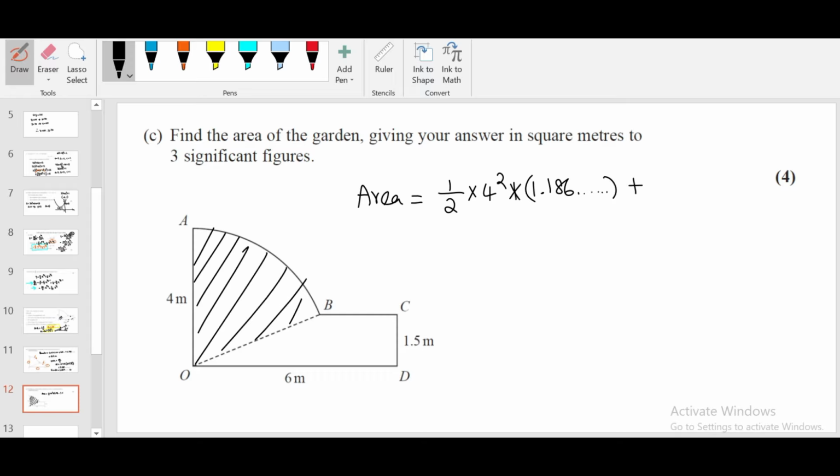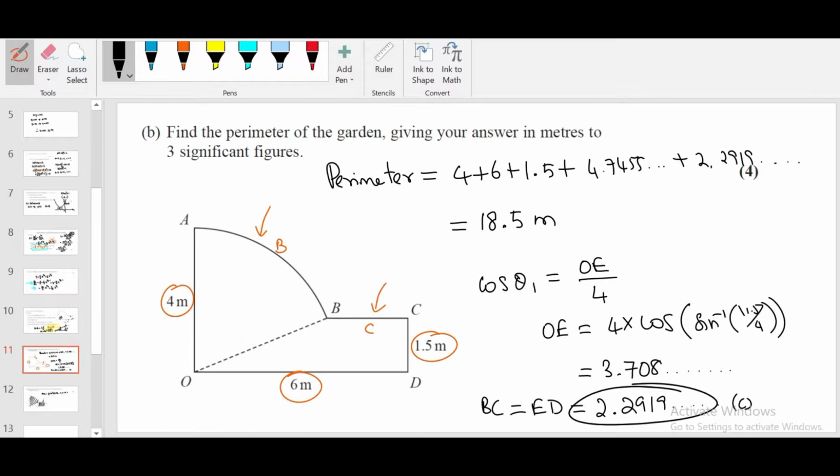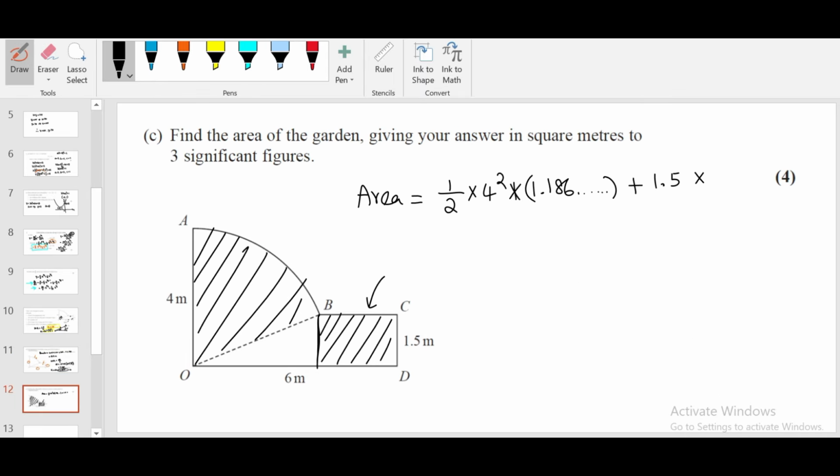Plus, if you divide this shape here, we calculated the value of BC already, so you can find the area of this rectangle, which is 1.5 times the value of BC, 2.291. Luckily I saved it as C, so don't use the rounded figure. Plus, to find the area of this shape, you need to use half base times height.